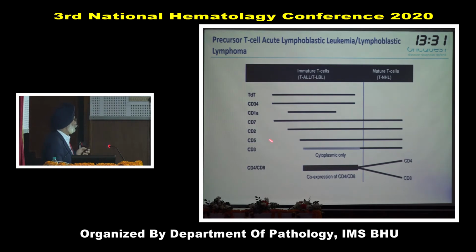Of course, the other one is CD3, which demonstrates the lineage positivity. Now what happens to CD4 and CD8? There may be co-expression or there may be loss in ALLs. However, once the cells become mature, then they are either CD4 or they are CD8.